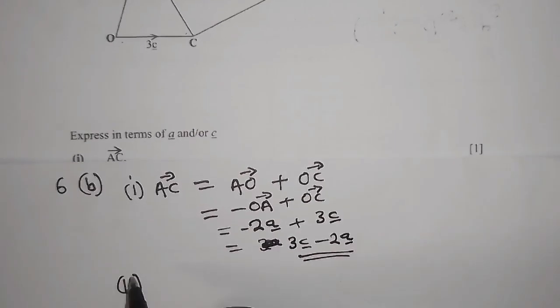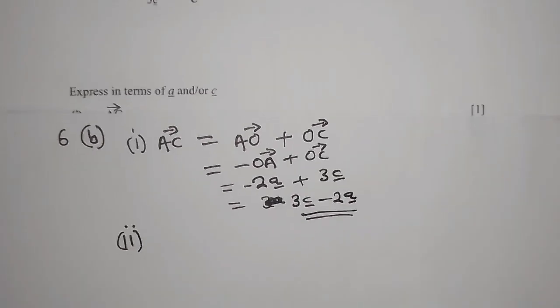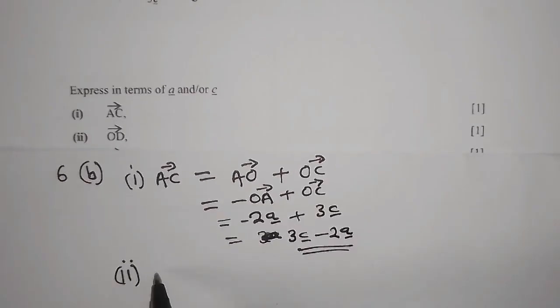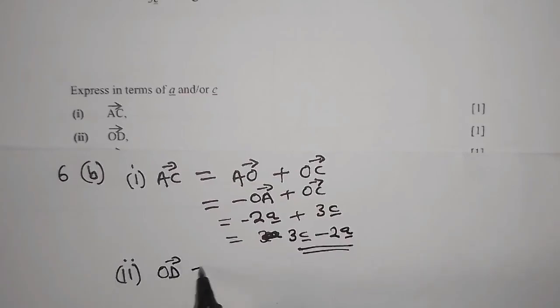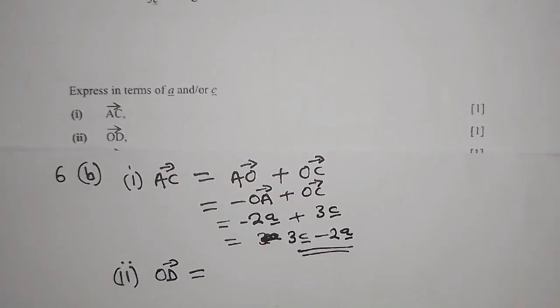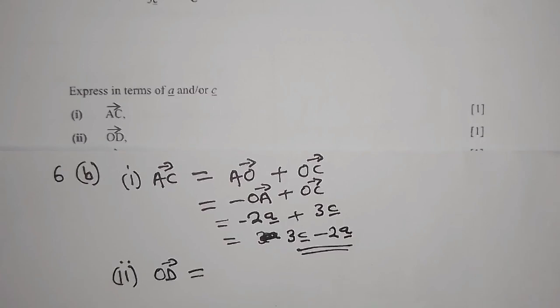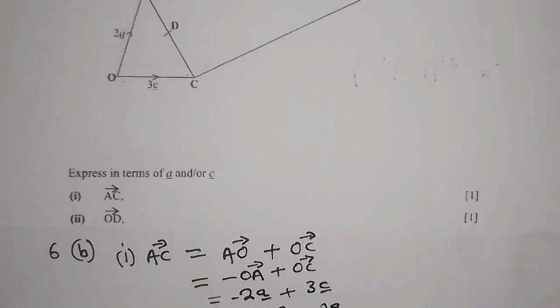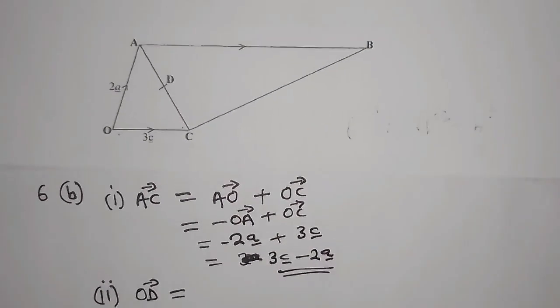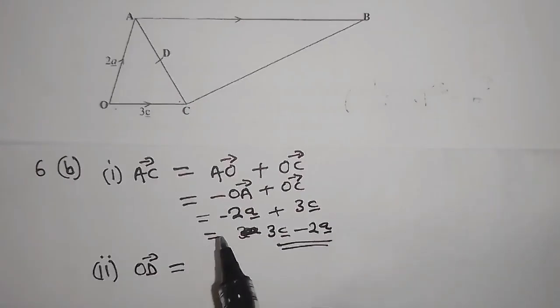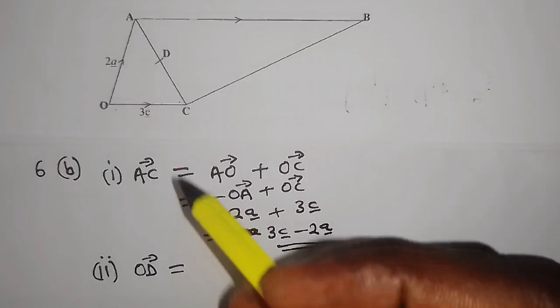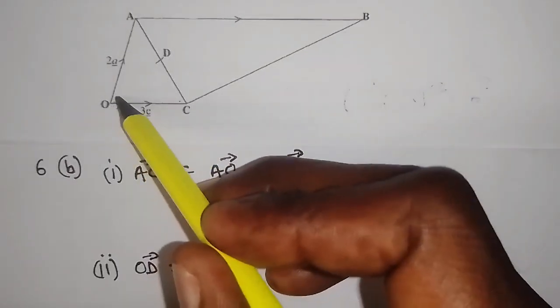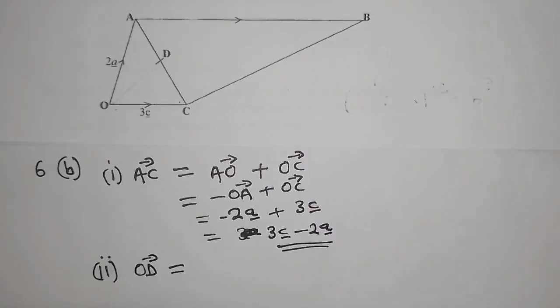Now on Roman numeral 2, it's saying OD. So how do you find OD now? When you look at the diagram, you find OD by moving from O to D, like that.